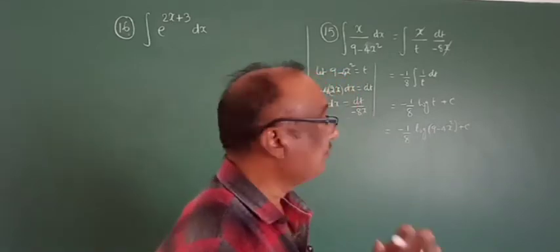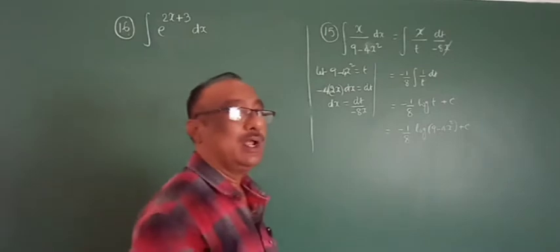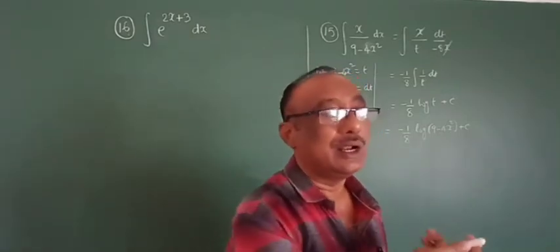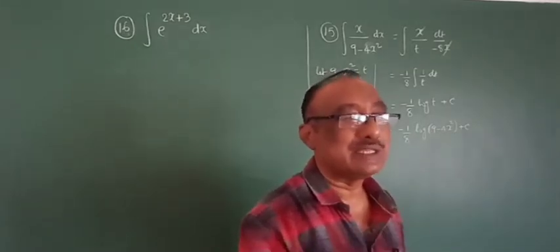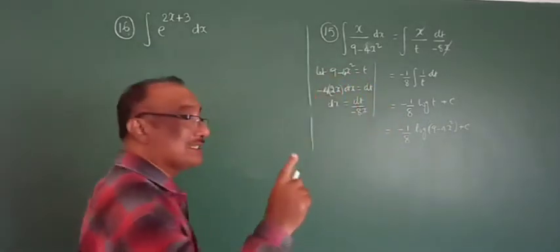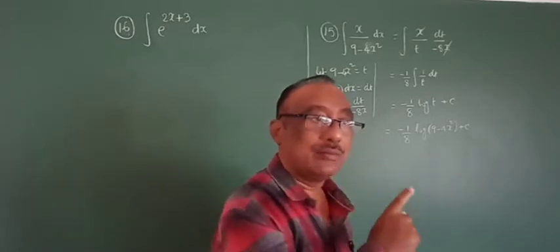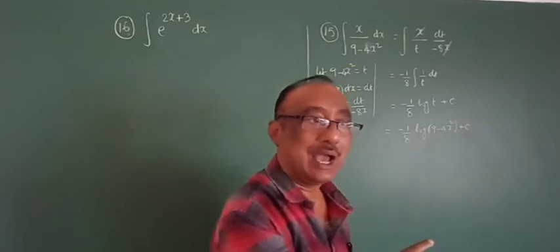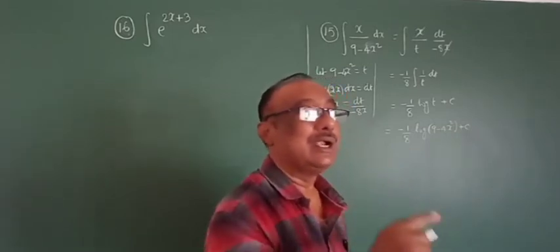Okay? So first, substitution. Here 2x plus 3, the derivative is 2, and already 1 into dx we have. Therefore let 2x plus 3 be t and work it out.